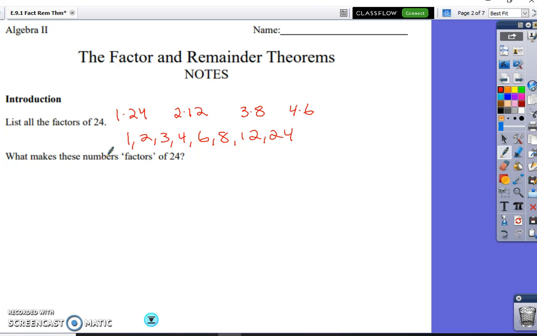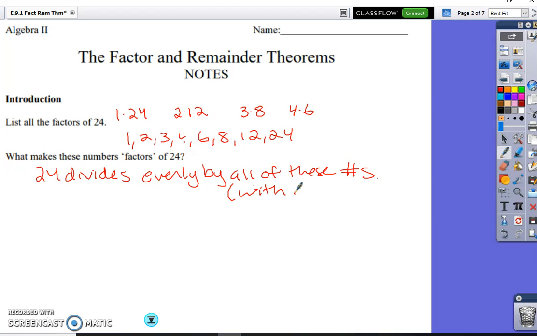Now, the big question here is what makes these numbers factors of 24? The answer is that 24 divides evenly by all of these numbers, with no remainder.